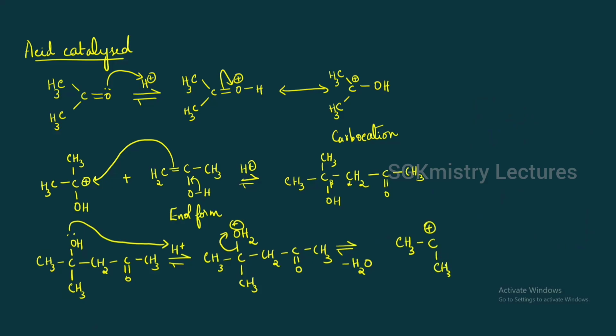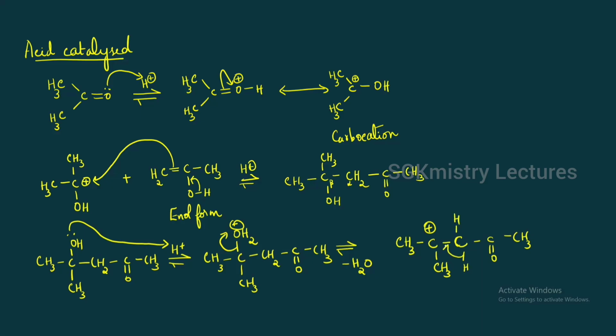Now here CH3, again CH2, C double bond O, CH3, right? So now what is going to happen? So here there is the plus charge, there is CH3. Now there are two H atoms that are there. Let me show it in this step itself instead of writing it again. So the CH2, I'll just write it. I'll just show the two hydrogen atoms separately here, right?